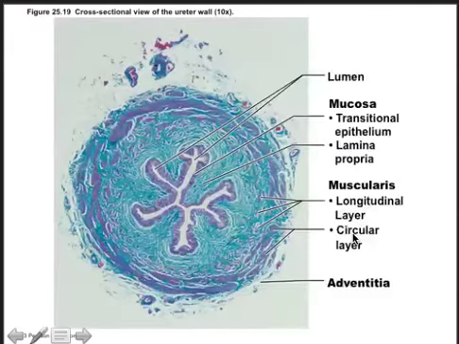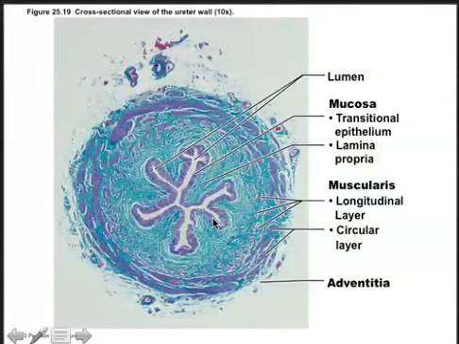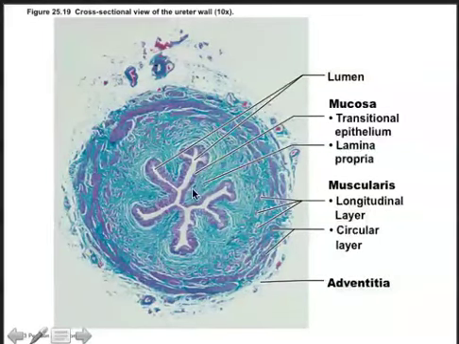And this is just a look at the different layers of the ureter. It's just a transverse section through the ureter. The lumen is the white area on the inside here. The mucosa is this purple staining layer, and it's made up of a transitional epithelium and a lamina propria. Okay, the lamina propria is the underlying connective tissue layer.